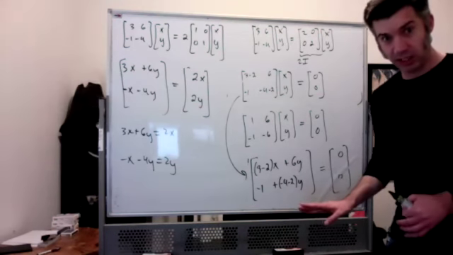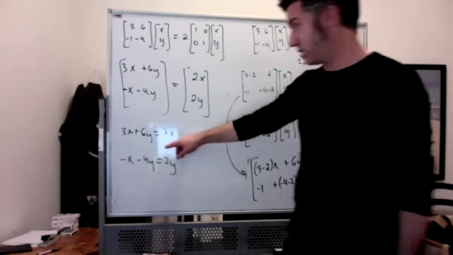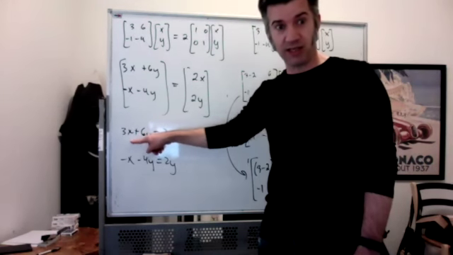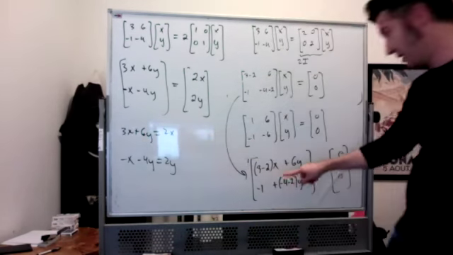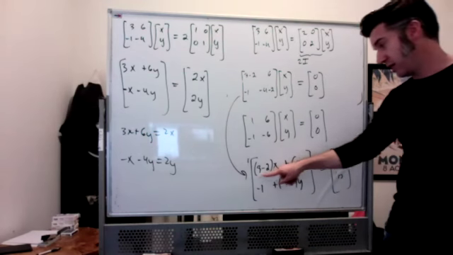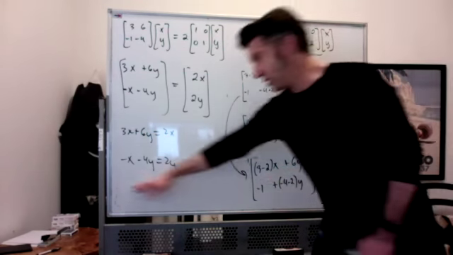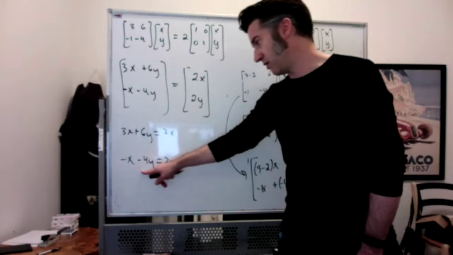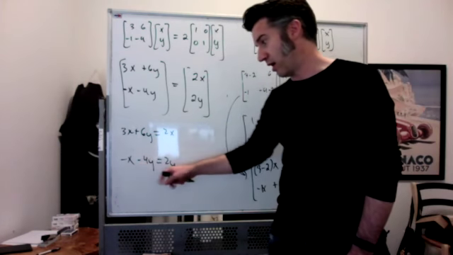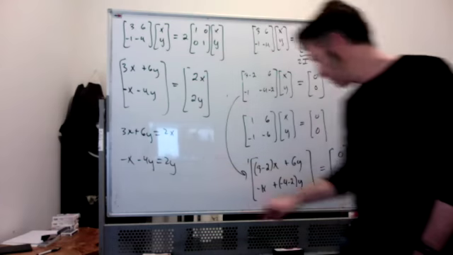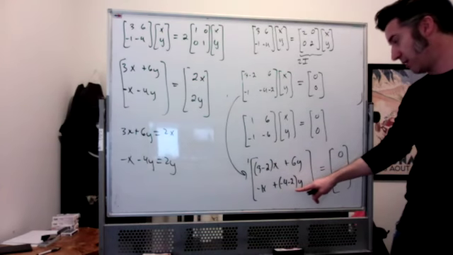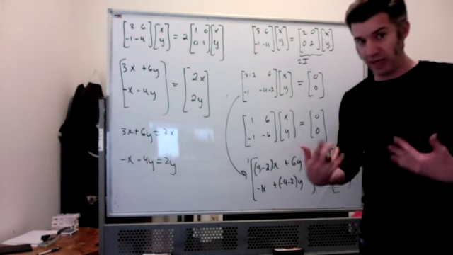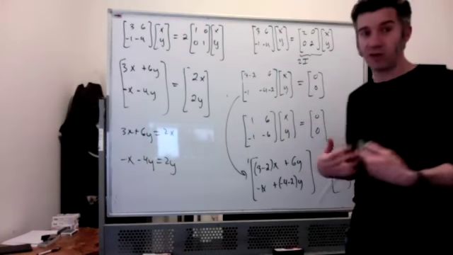But if you look at these equations, they are the same. This equation says 3x plus 6y equals 2x. If you subtract the 2x over, it's 3x minus 2x plus 6y equals 0. That's exactly the same equation I have here. Same deal down here: negative x minus 4y equals 2y, or negative x minus 4y minus 2y equals 0. I don't think you missed this, I just wanted to say it many times. Both ways of doing it are the same.